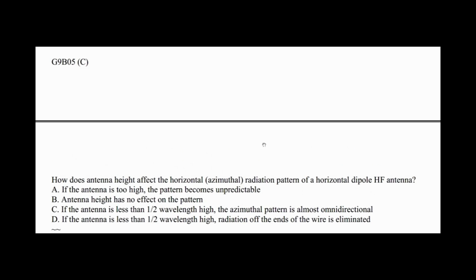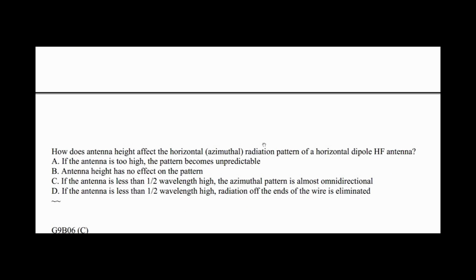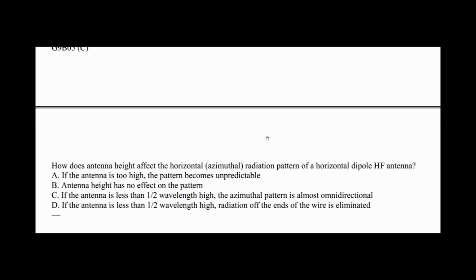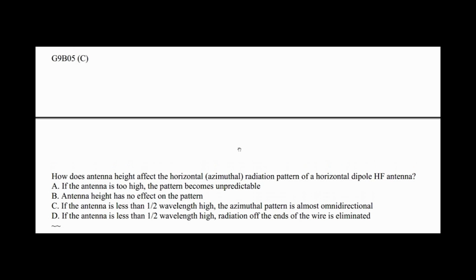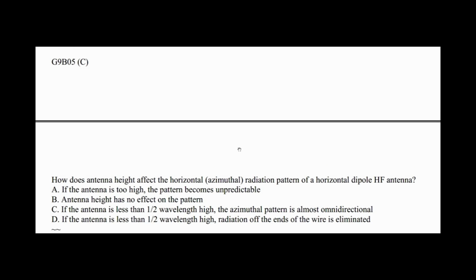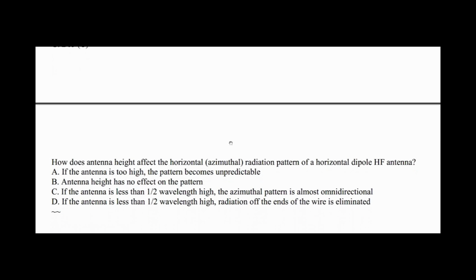How does the antenna height affect the horizontal radiating pattern of a horizontal dipole at HF? Okay, this is one you're just going to have to go with your answer. It's if the antenna is less than half wavelength high, the pattern is almost omnidirectional.